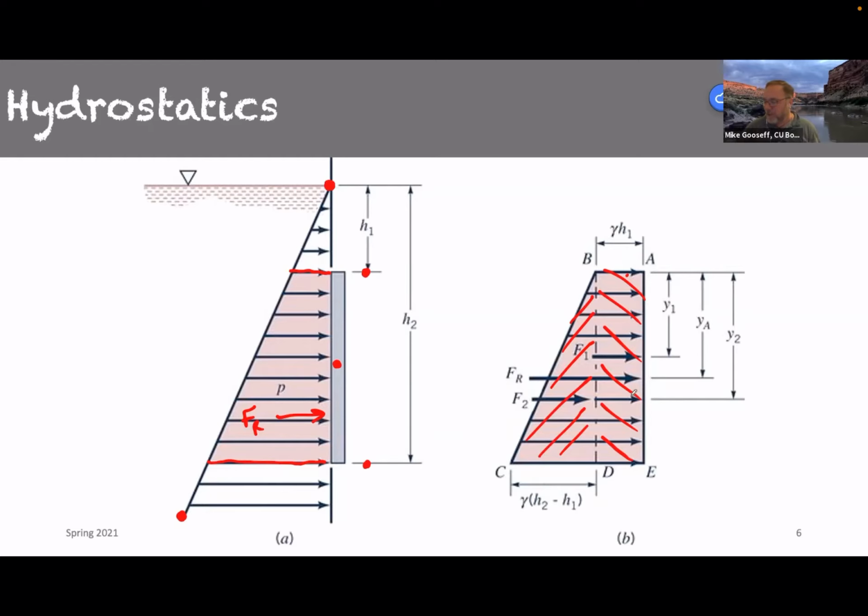One is all the pressure from above, which is basically the rectangle, and then the increasing pressure as we move down through depth would be the triangle that's added on to that same location.